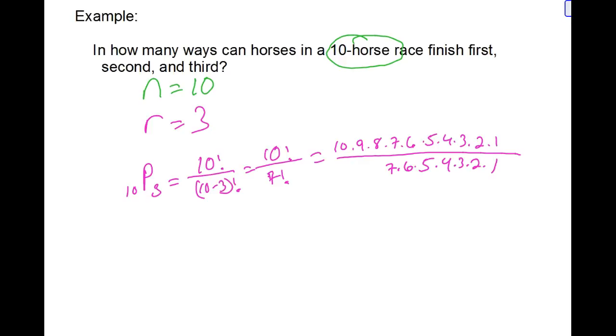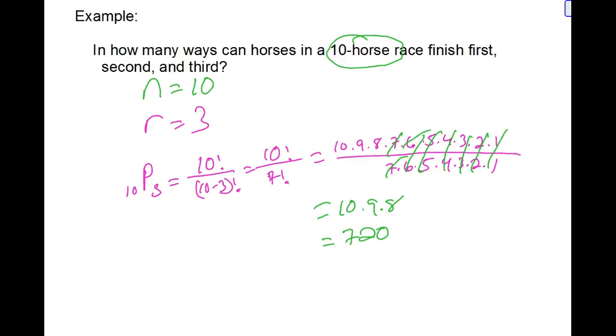Now if you notice, remember from days of fractions and simplifying, I can simplify all of these down, leaving me with just 10 times 9 times 8 for my final solution, which will give me 720 ways that the 10 horses can come in first, second, and third.